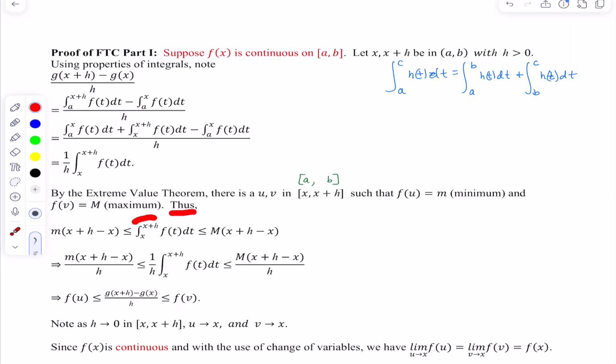Thus, we could find a lower bound for this integral. We could just take that minimum value and multiply by the width of this interval, which is h. The upper bound for this integral will be the maximum times the width of that interval.